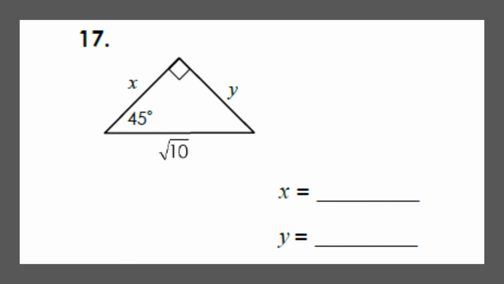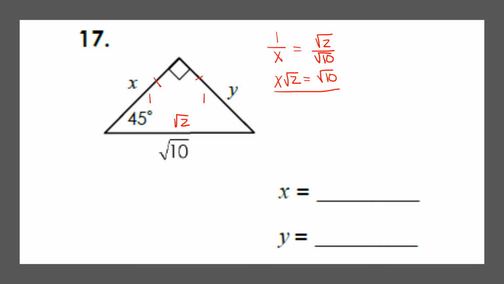Number 17, again, a 45, 45, 90. So I've got 1, 1, radical 2. X and y are going to be the same measurement, so I'm going to do 1 over x equals radical 2 over radical 10. So cross multiply, I've got x radical 2 equals radical 10.